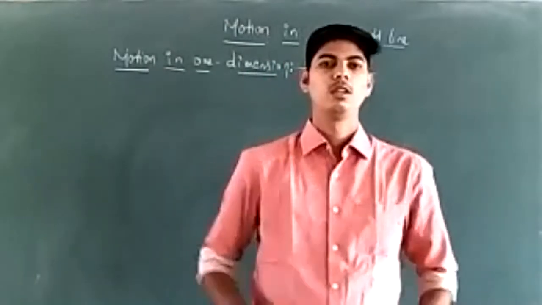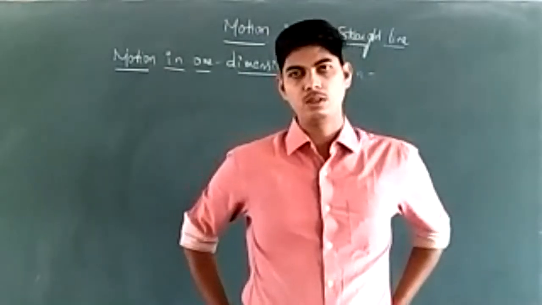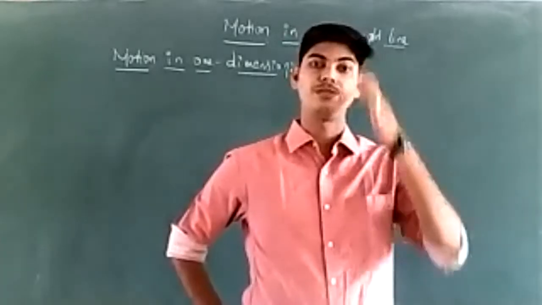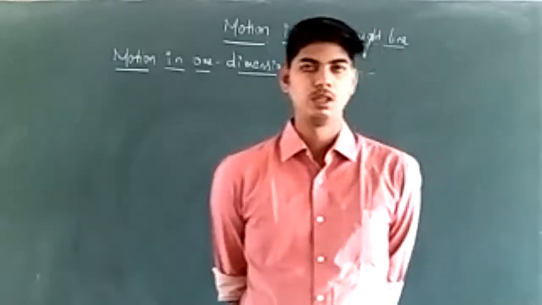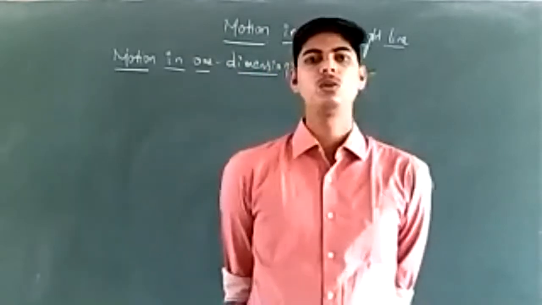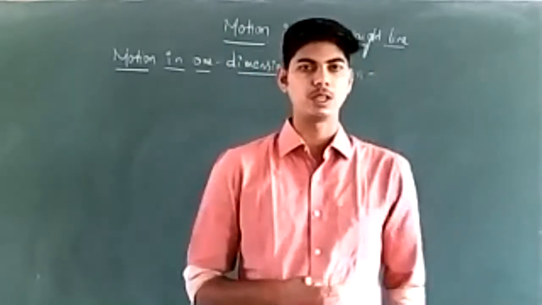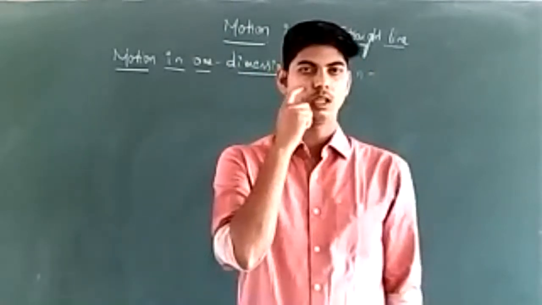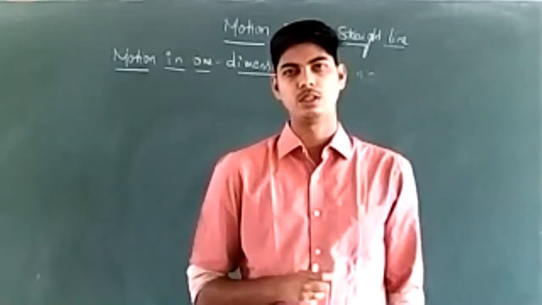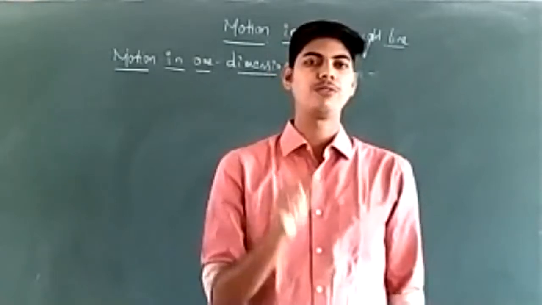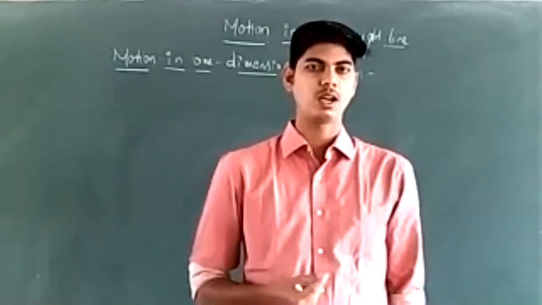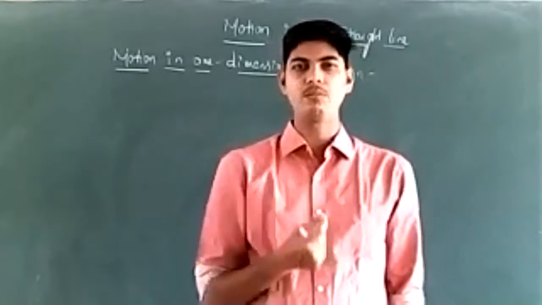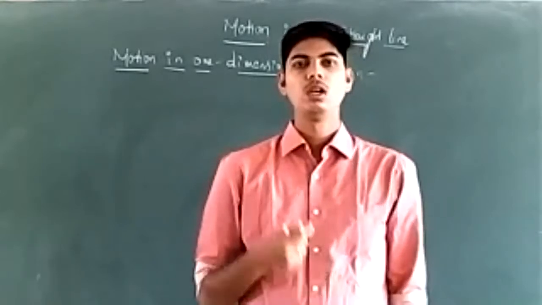Morning. In our last class, we were discussing the idea of frames of reference and the types of motion. I have told you, in order to describe the motion of an object, we need some fixed point or fixed location. That fixed point or fixed location with respect to which motion of an object is described is called a frame of reference, right?